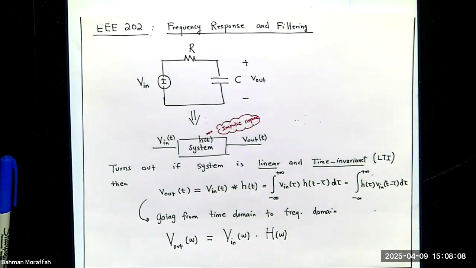Right? So this convolution became multiplication. We just needed to look at input, h, and V out, all in frequency domain.